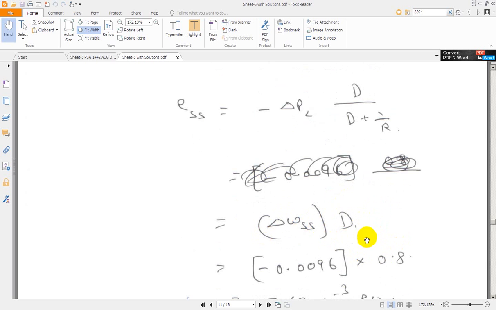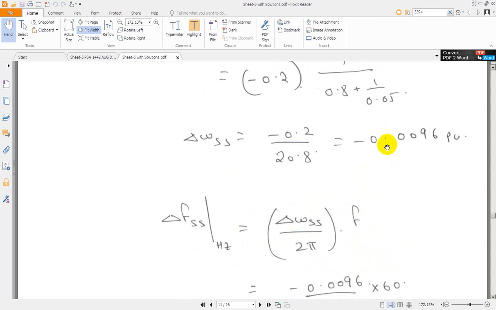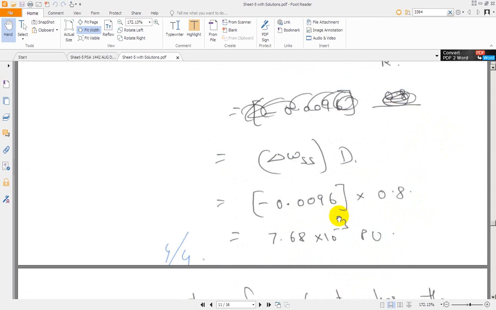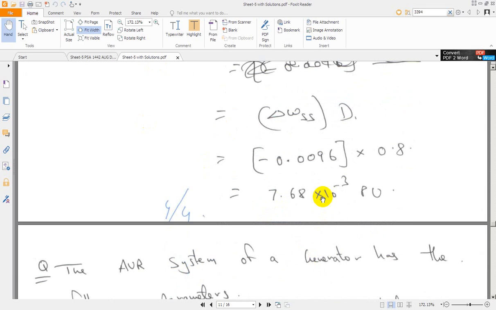Delta omega SS we got as minus 0.0096 per unit value into D value 0.8, which is given in the problem. You will get it as 7.68 into 10 to the power of minus 3 per unit. This forms your steady state error.